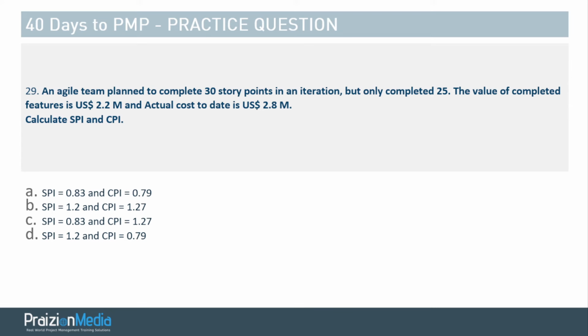That's 0.83. And the CPI is 2.2 divided by 2.8, and that's 0.79. So the best answer to this, SPI 0.83, CPI 0.79. And that is option A.